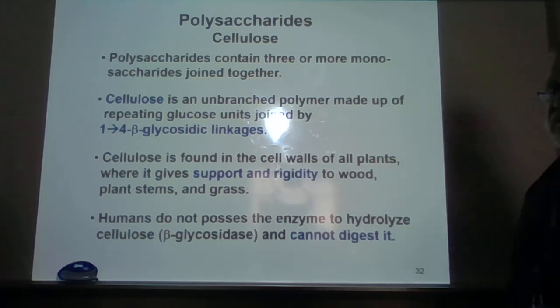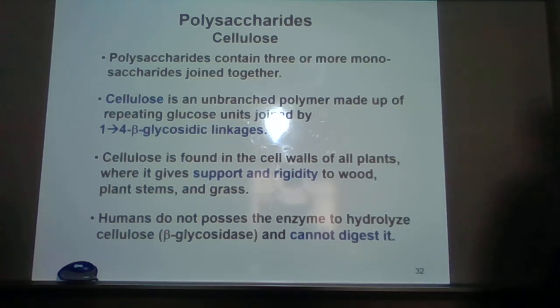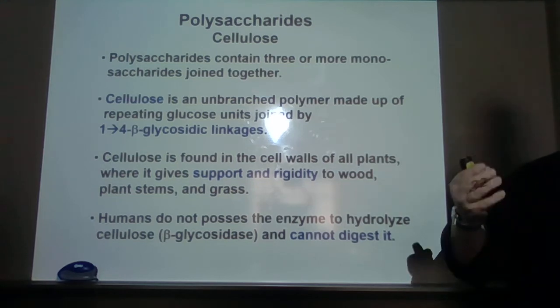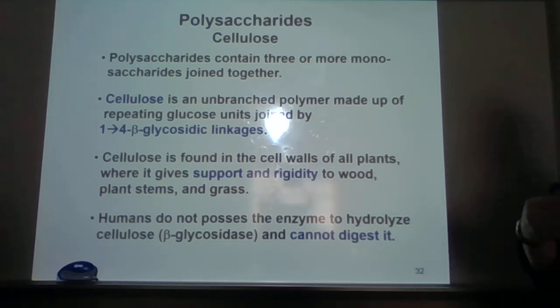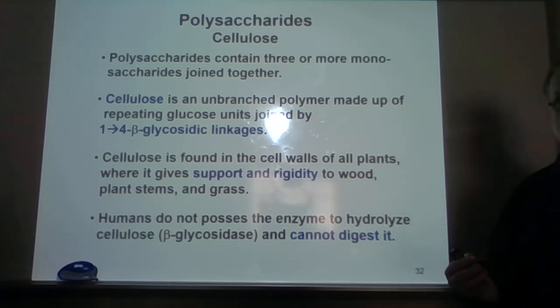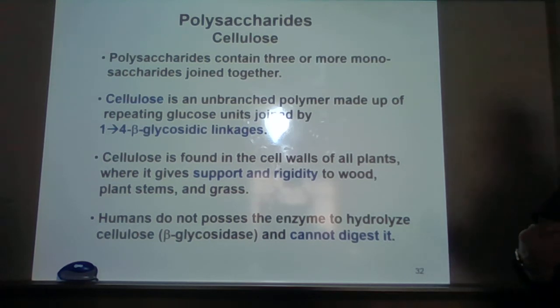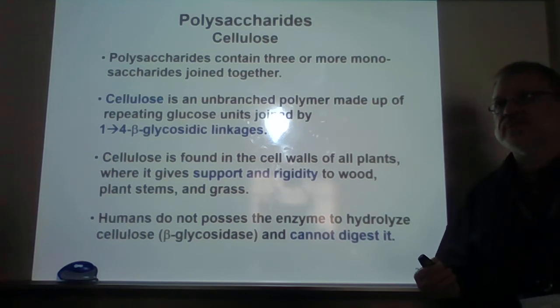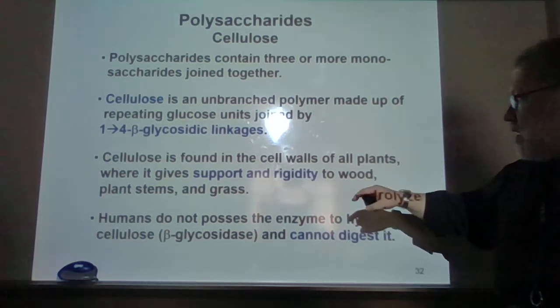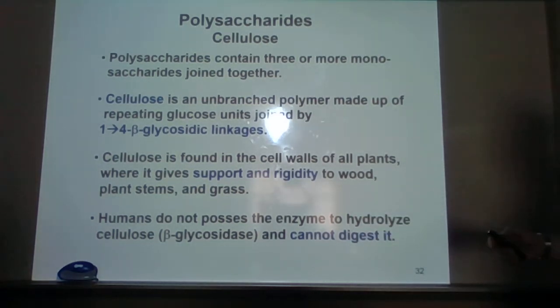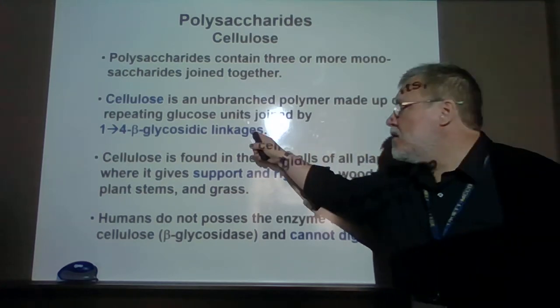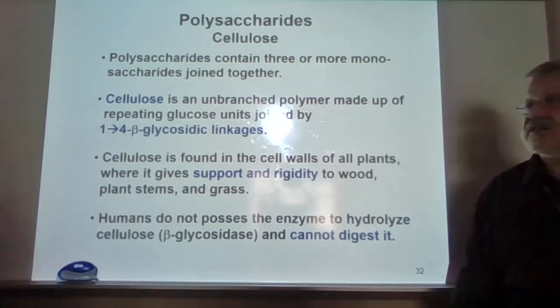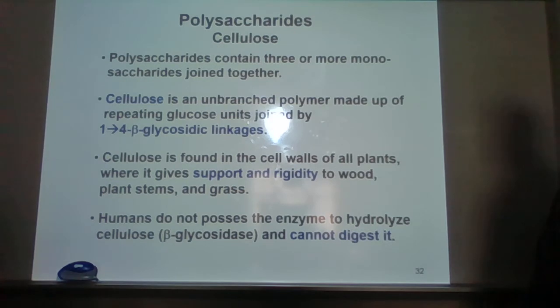Animals graze on sugars, or they graze on the plant materials. Ruminating animals, animals that can chew the cud, those that have multiple stomachs like cows, they possess the enzyme that breaks down the 1,4 beta glycosidic linkages in cellulose to give glucose.